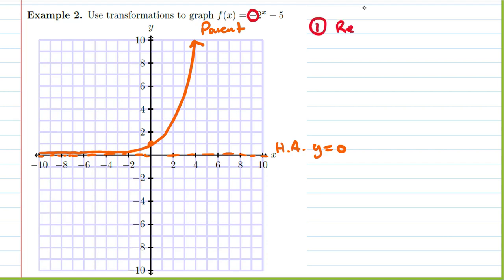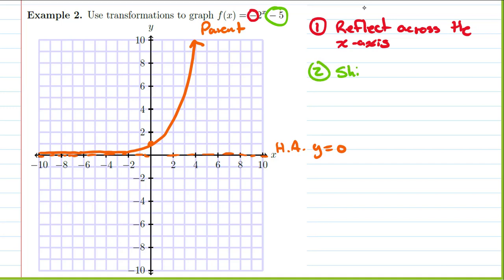Well, that's going to reflect across the x-axis. And then the minus 5, we're going to shift down 5 units.